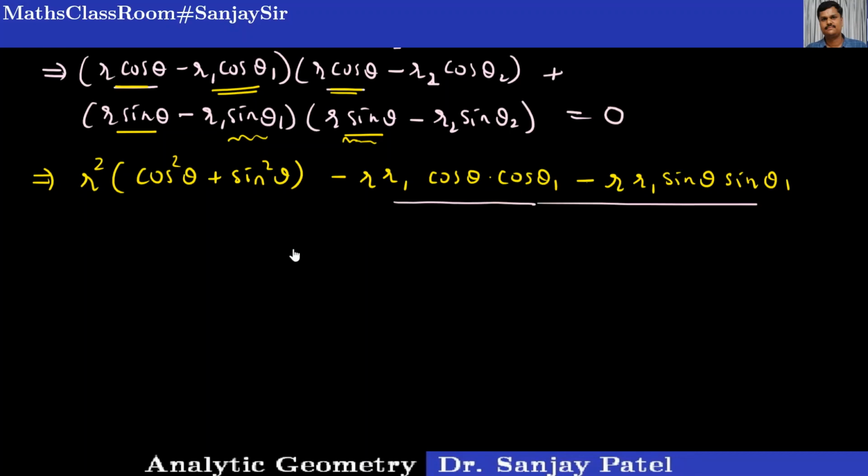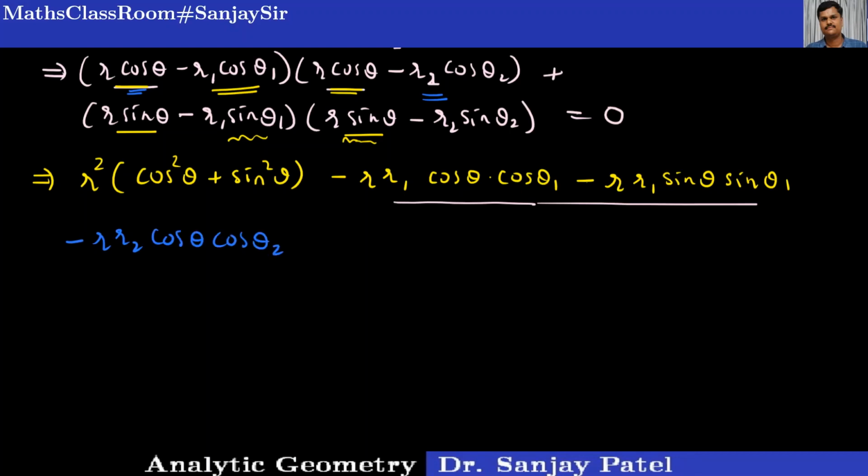So what you will get is r into r2. Let me use some other color so that you can understand. Say r into r2. Where is r into r2? This is r, and that we multiply with this r2. So r cos theta into r2 cos theta 2, so I will get minus r r2 cos theta into cos theta 2.